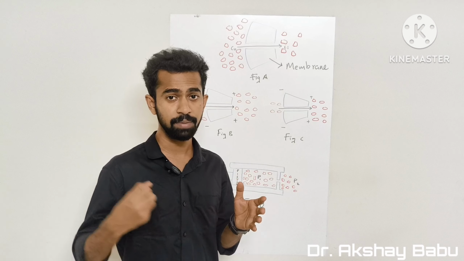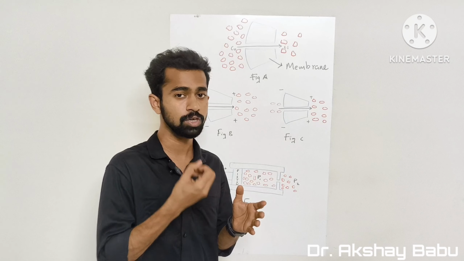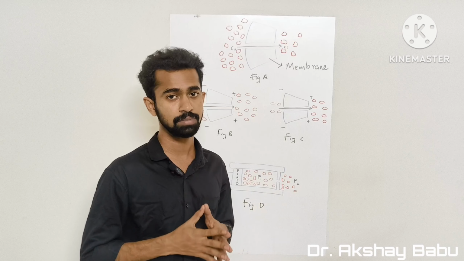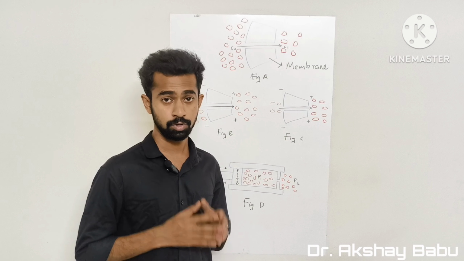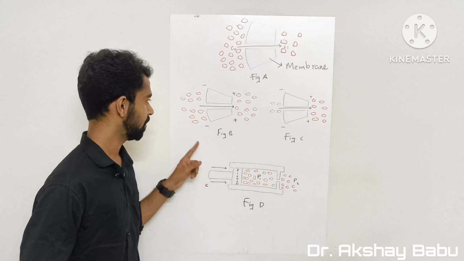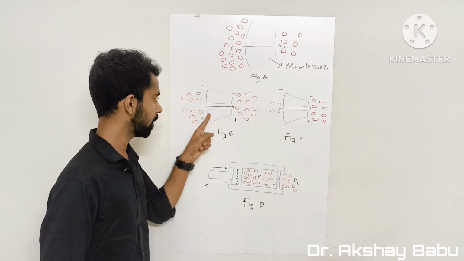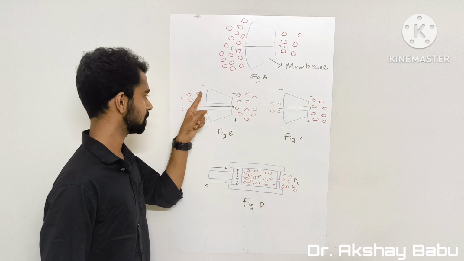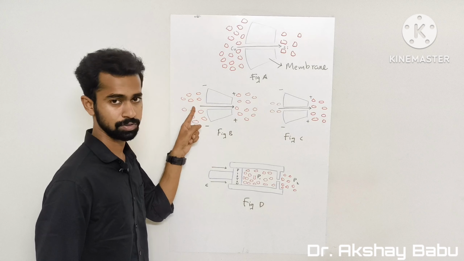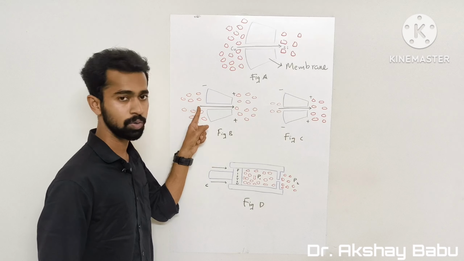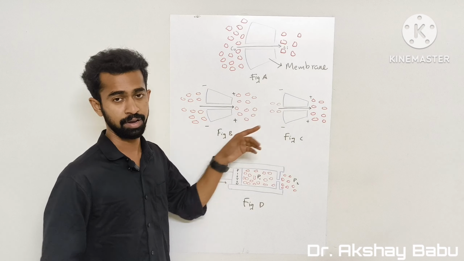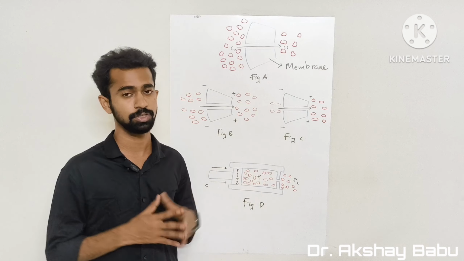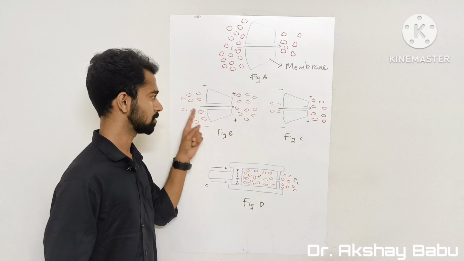So the effect of membrane potential on diffusion of ions is determined by Nernst potential. In this figure B, when an electrical potential is applied across the membrane, the electrical charges present in these ions will make them move across the membrane even though no concentration difference is present on both sides.